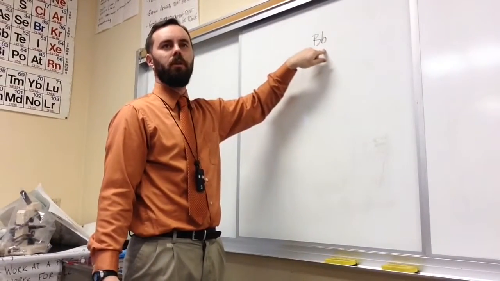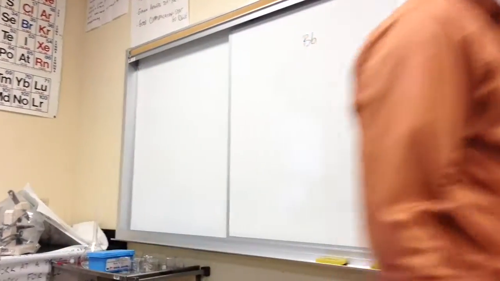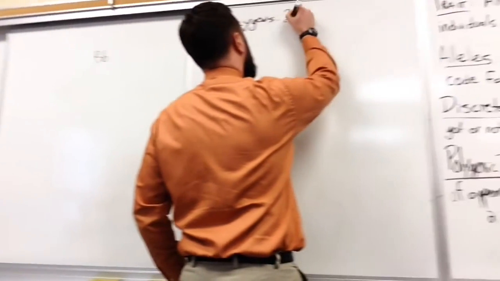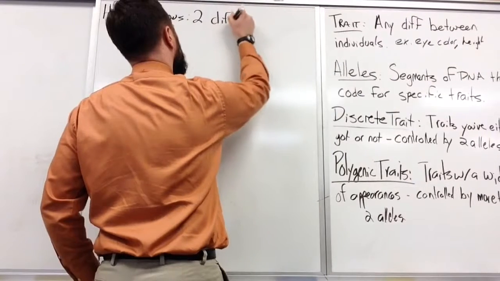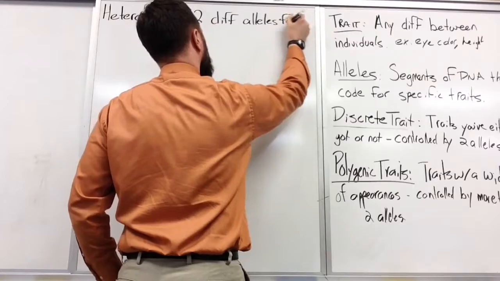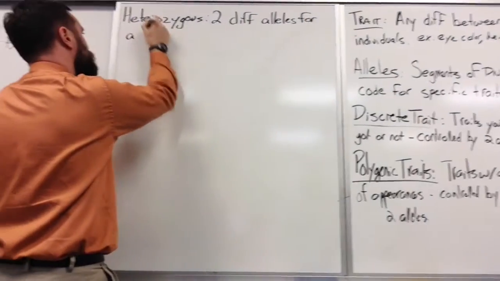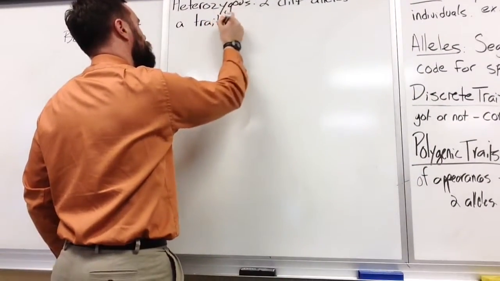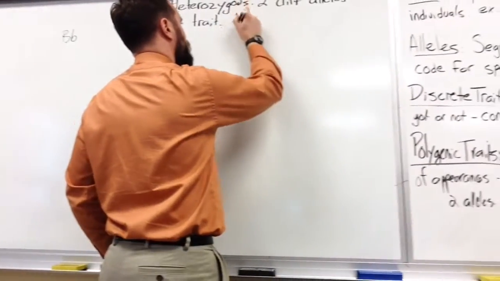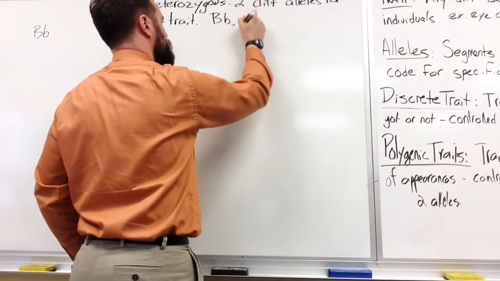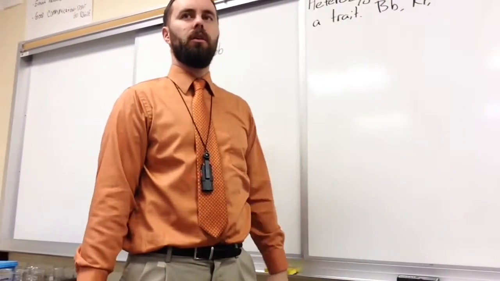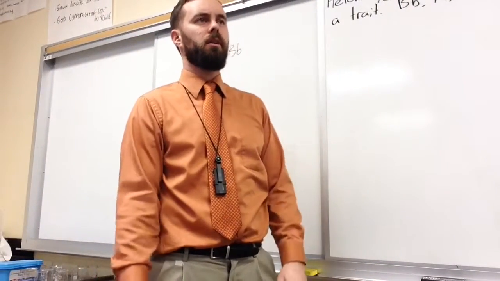You've got two different alleles for a trait. And with the letters that we talk about, we'd be talking about like capital B, lowercase b, or capital R, lowercase r. So when you're heterozygous for a trait, you've got a mix of capital and lowercase letters.